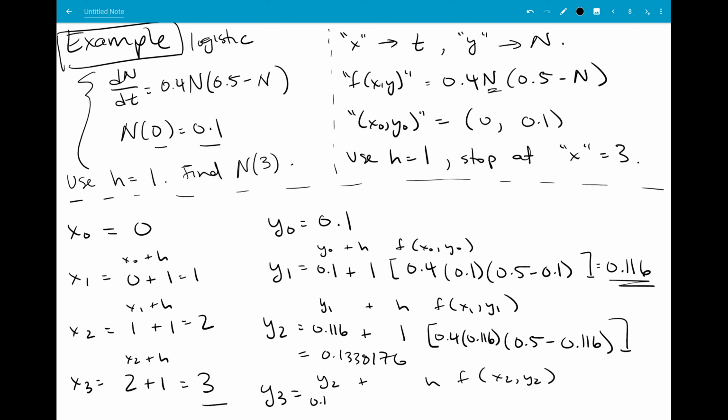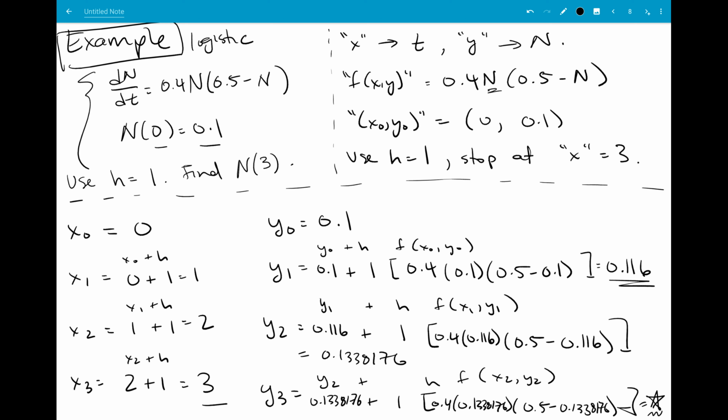So that's going to be 0.1338176 plus 1 times 0.4 times 0.1338176 times (0.5 minus 0.1338176), which is definitely a number. And that would be our answer. I'll put a star there because I erased all the other stars. So you'll know that that star means there's an answer that I didn't feel like solving.